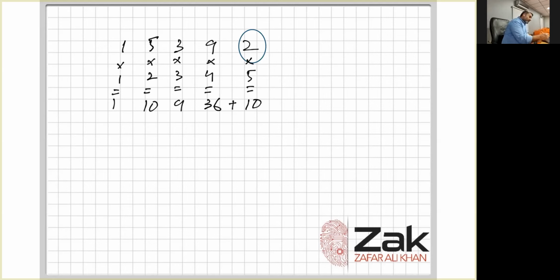These all results will be added together. It's 66. And if we divide this by 11, this is a correct check digit.